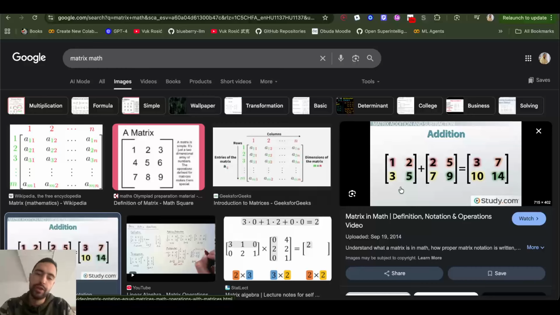Okay, so you can look at this first row as one array. So 1, 2. This is the one array. And then the second array is 3, 5. So that's one matrix. Each of these numbers has its index, starting from 0. So the first row has index 0, just like in normal programming.